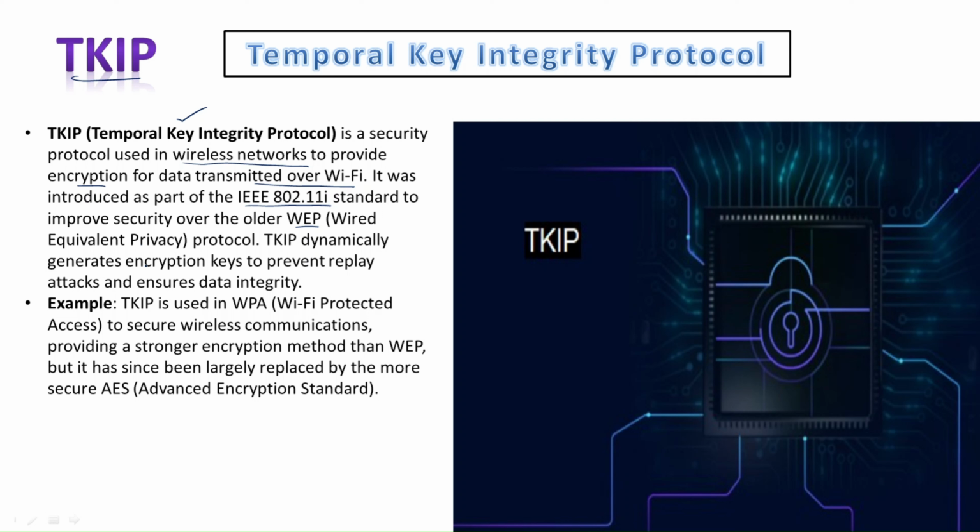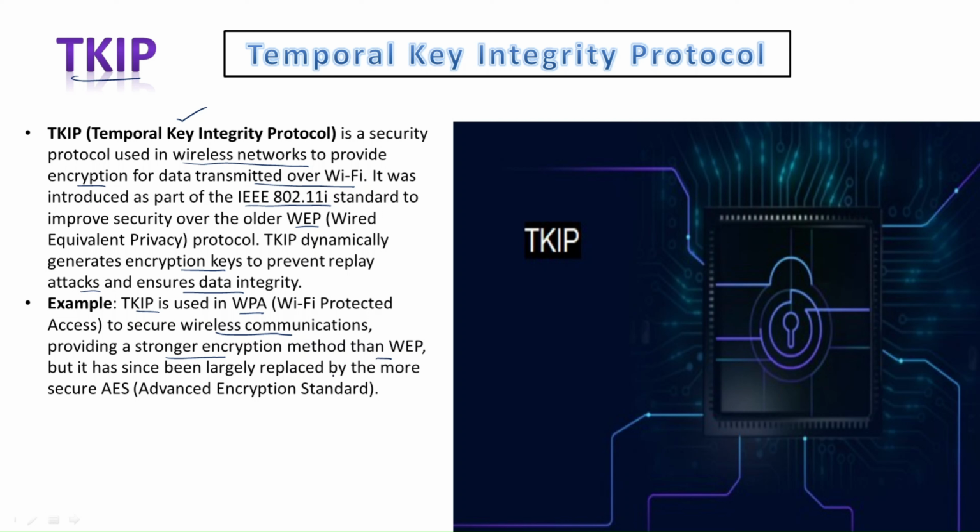TKIP dynamically generates encryption keys to prevent replay attacks and ensures data integrity. For example, TKIP is used in WPA, that is Wi-Fi Protected Access, to secure wireless communications, providing a stronger encryption method than WEP, but it has since been largely replaced by the more secure AES, that is Advanced Encryption Standard.